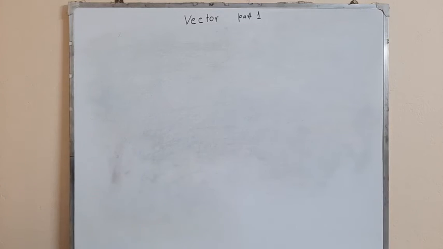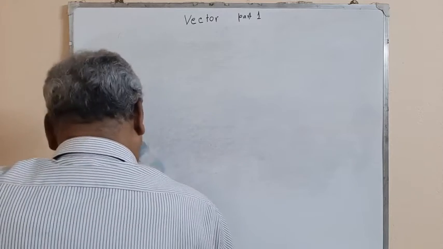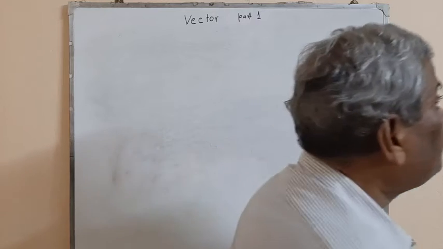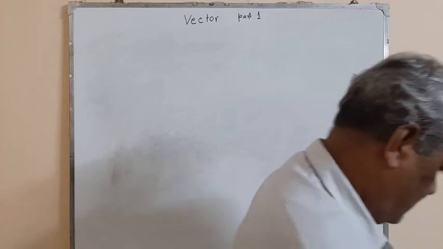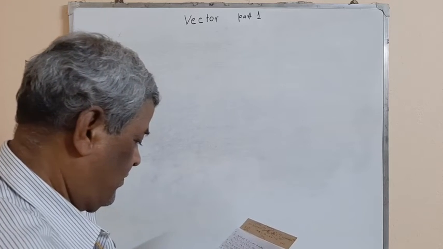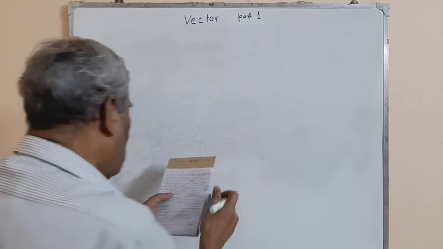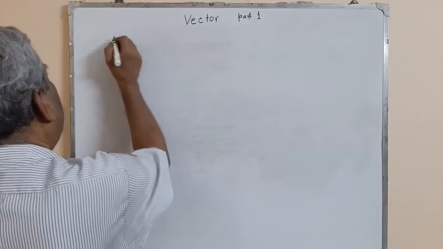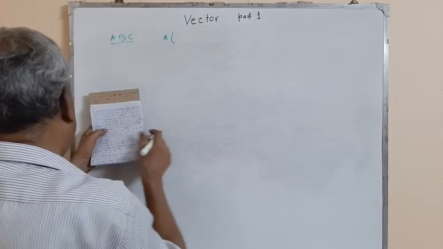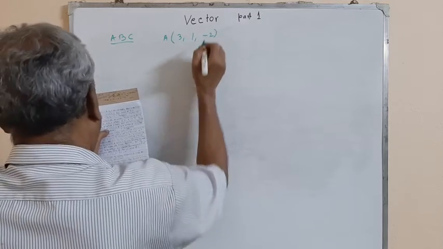Now, our next problem. ABC is a triangle whose coordinates of the vertices are: coordinate of A is 3, 1, minus 2.